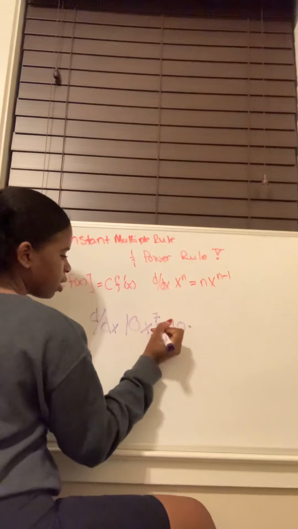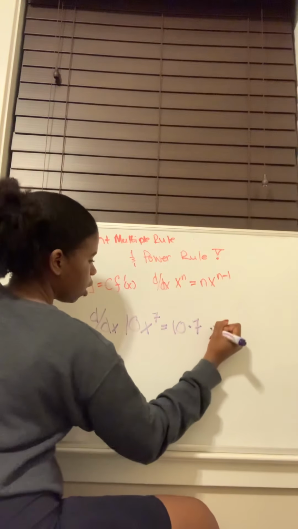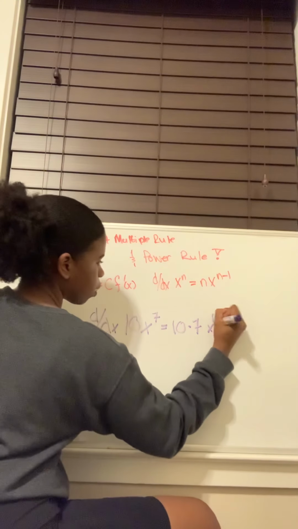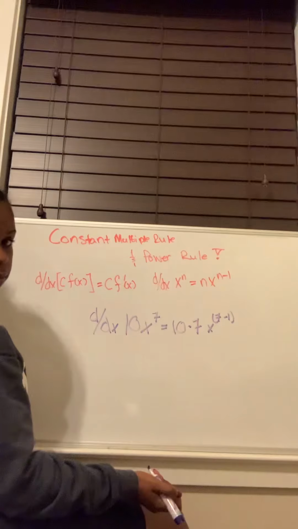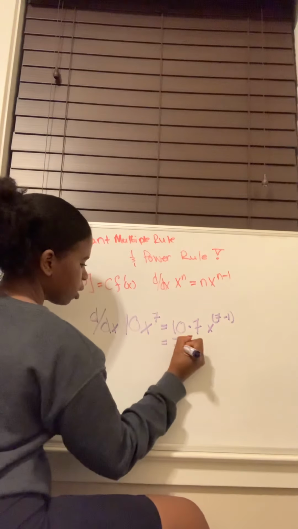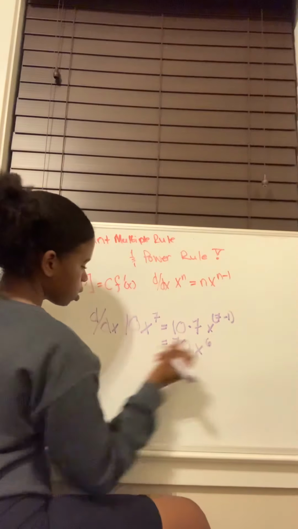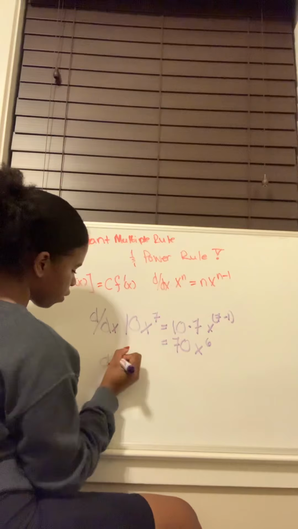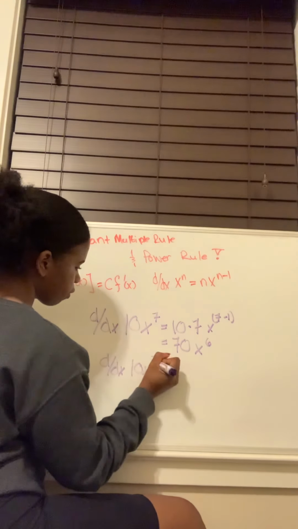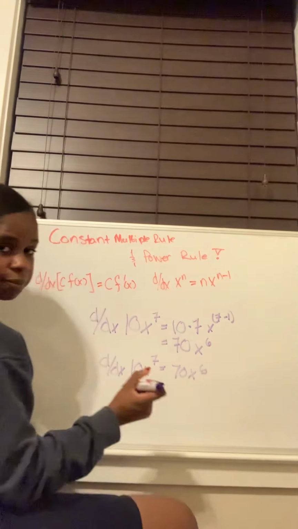Then this 7 is the n, so we're just going to bring the 7 on down. Okay, then we have the x. Then we have 7 minus 1. 10 times 7 is 70. x, 7 minus 1 is 6. So the derivative of 10x to the 7th equals 70x to the 6th.